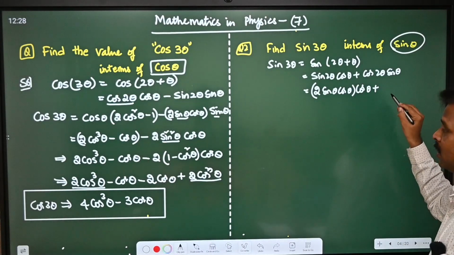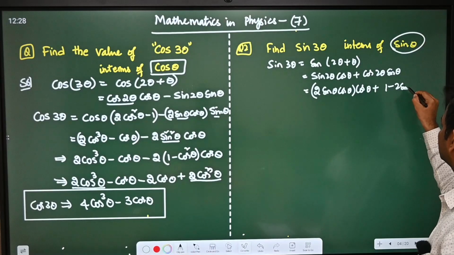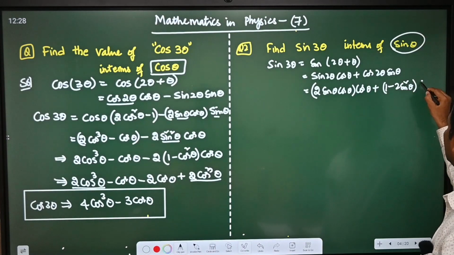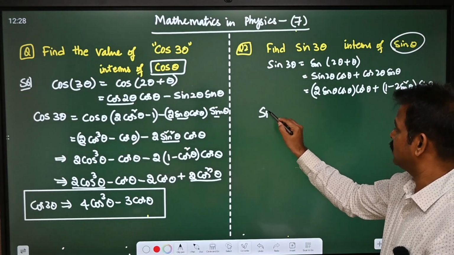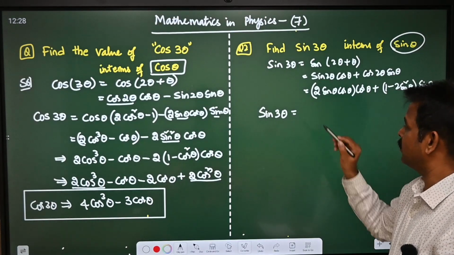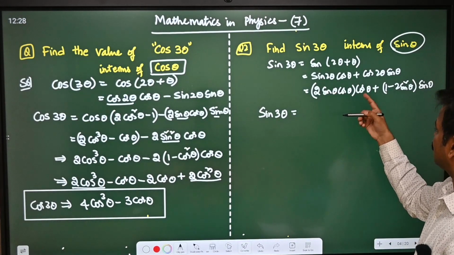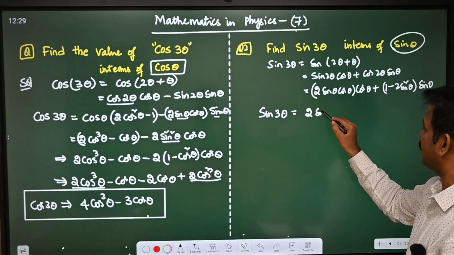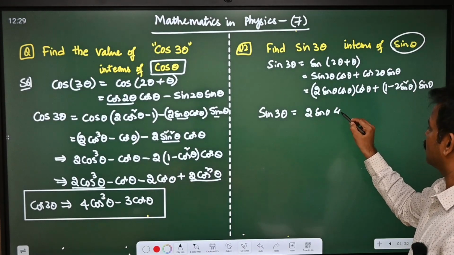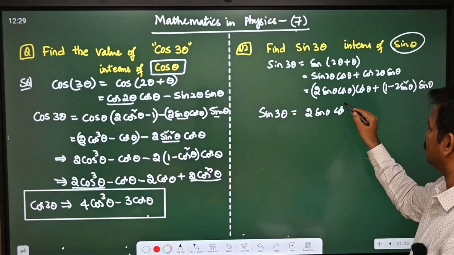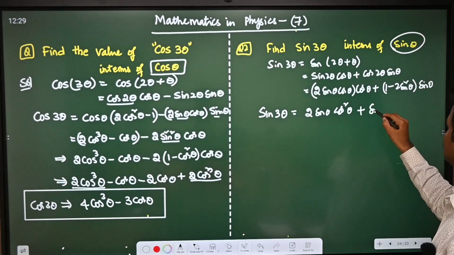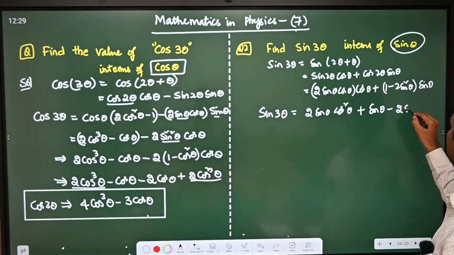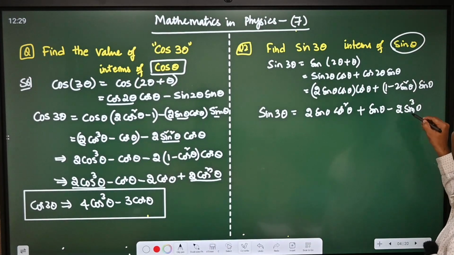Cos 2 theta can be written as 1 minus 2 sin square theta into sin theta. This will become sin 3 theta, which can be written as 2 sin theta cos square theta plus 1 into sin theta, that is sin theta minus 2 sin cube theta.